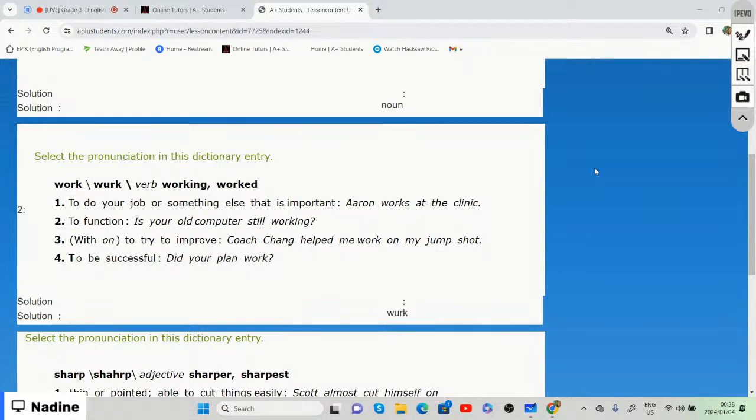So now we need to select the pronunciation in this dictionary. The pronunciation, how is this word spelt? Or not even spelt, how do we say this word? The pronunciation.